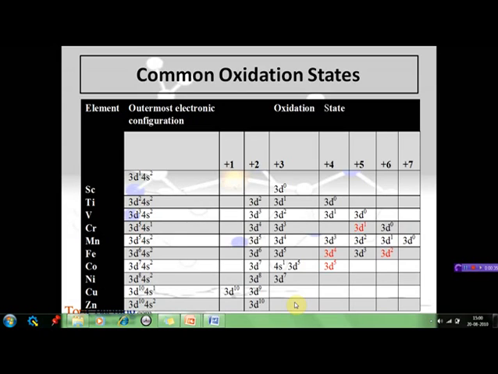For example, in the 3d series, manganese shows the maximum number of oxidation states, that is up to +7 in its period. Otherwise, in general, osmium and ruthenium exhibit the highest stable oxidation state, that is +8. The oxidation states which are denoted in red color are less common.